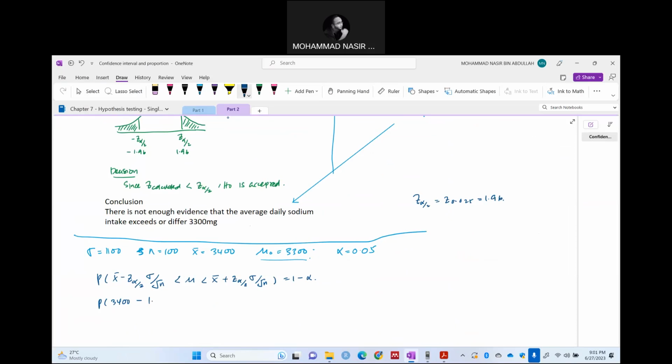So 1.96 multiply with 1100 divided by square root of 100. So same goes to the right hand side. 3400 plus 1.96 multiply with 1100 over square root of 100. So this is 95%.